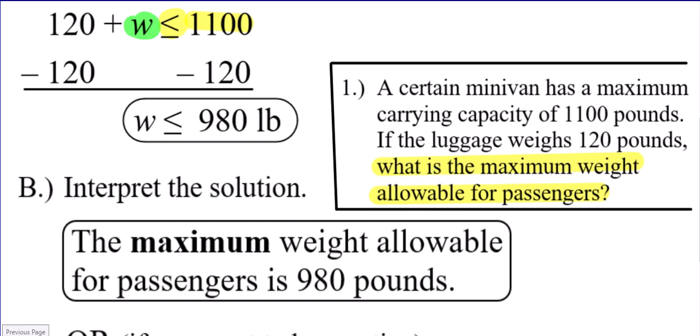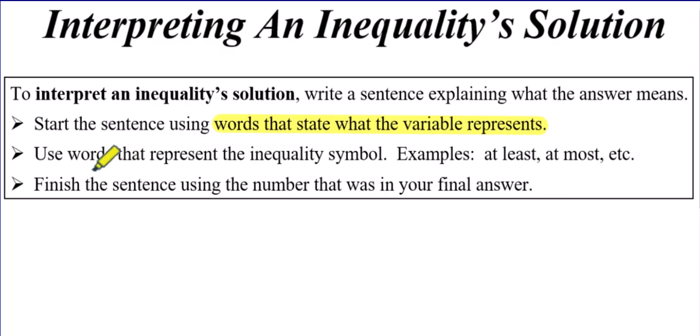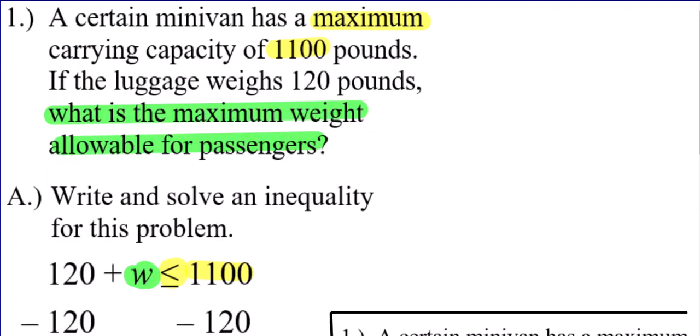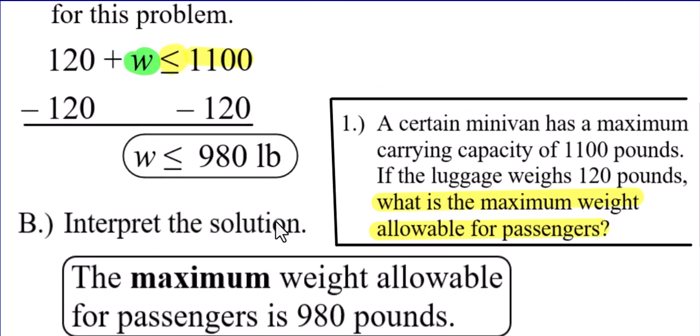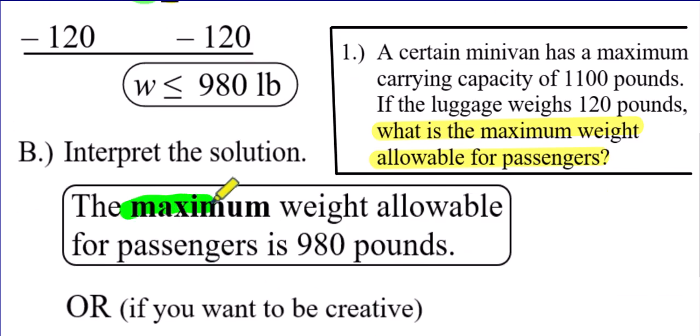Now, what else do I need to make sure I have? I need to make sure I have a word or possibly multiple words that mean the inequality symbol. Well, I already have that with the word maximum. If I didn't have it here at the beginning of my sentence, then I would have to use it coming up next. But since I already had it there, we're good to go.